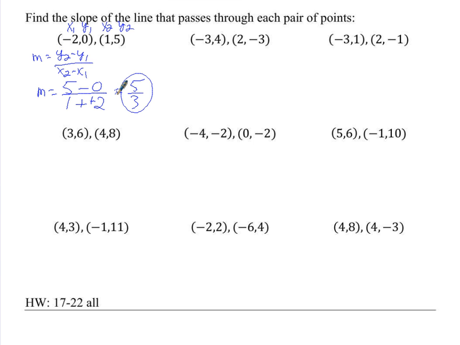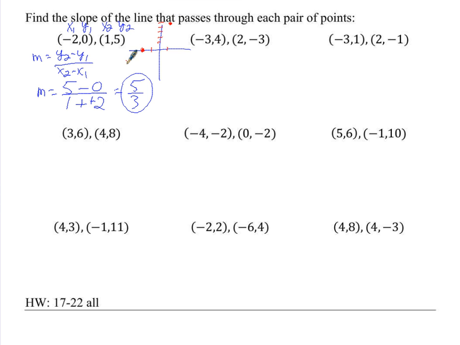That's my answer. So let me show you off to the side here what that would look like on a graph if I graph this real quick. We have negative 2, 0. Here's negative 1. Here's negative 2, 0. And then 1, 5. So 1. And then 1, 2, 3, 4, 5. Right there.